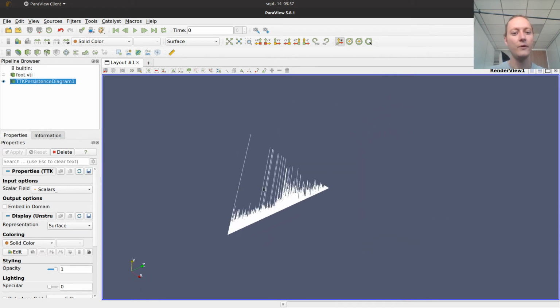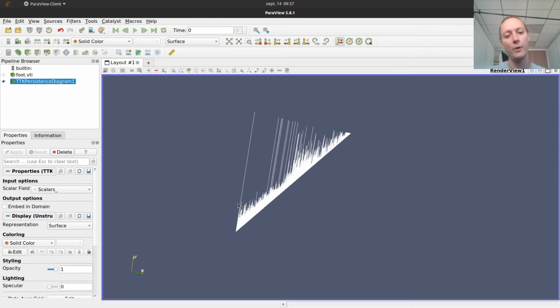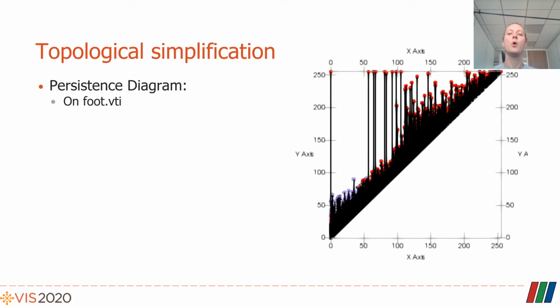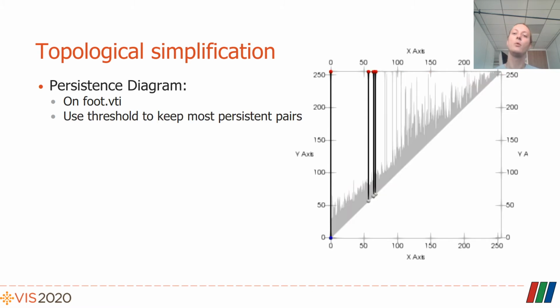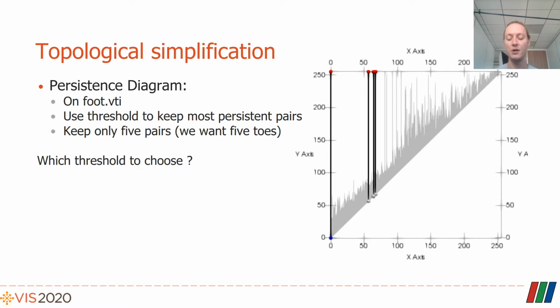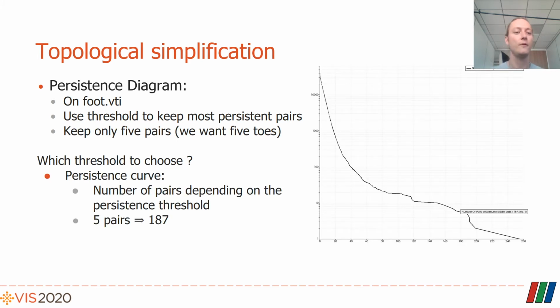Here is the persistence diagram that we obtain, with a lot of pairs. We want to keep only the 5 most persistent pairs. For this, we will filter our persistence diagram using a threshold, but what is the value that we want to keep only 5 pairs? We can have this information using the persistence curve.